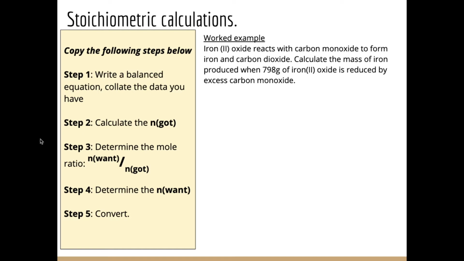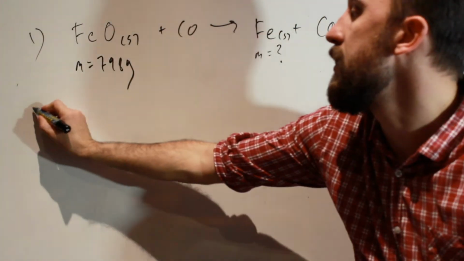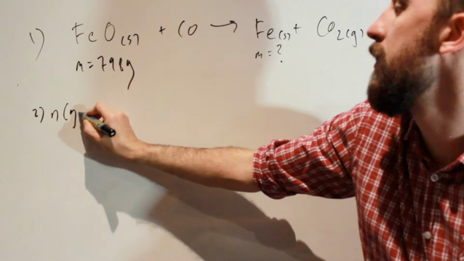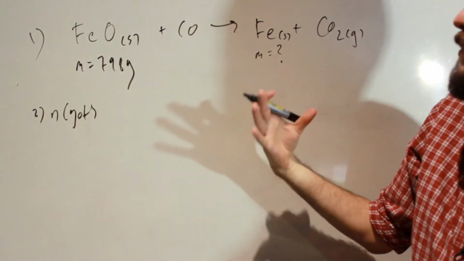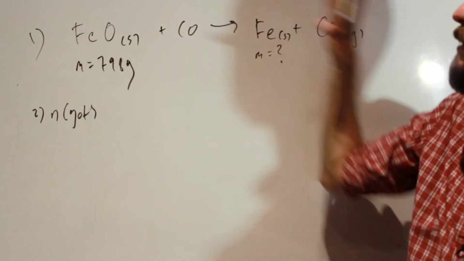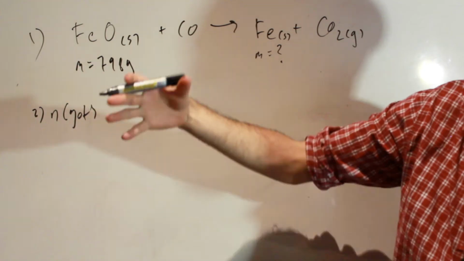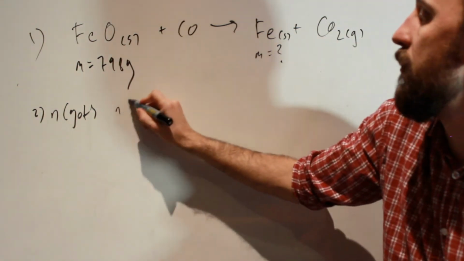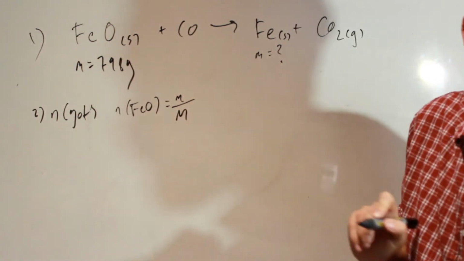The next part of the stoichiometric equation is we calculate the number of moles of what we got. What I mean by that is you calculate the number of moles for the species that you have got the information to do. At this moment, there is only one thing that we can calculate the number of moles in, and it's this, because we're given the mass to calculate that. So the number of moles of iron oxide is equal to the mass divided by the molar mass.